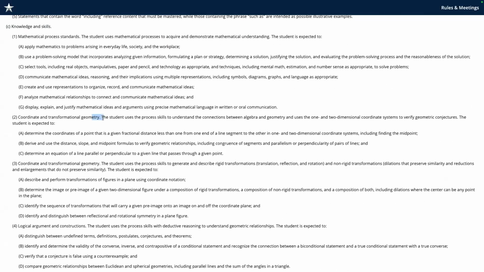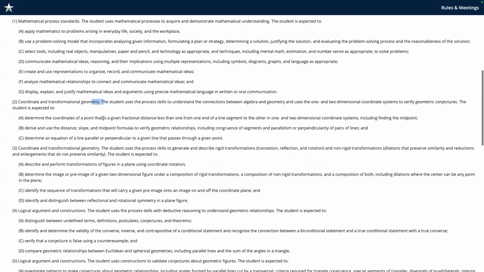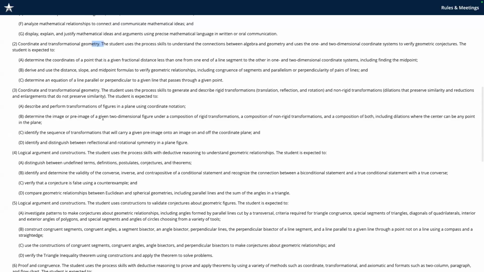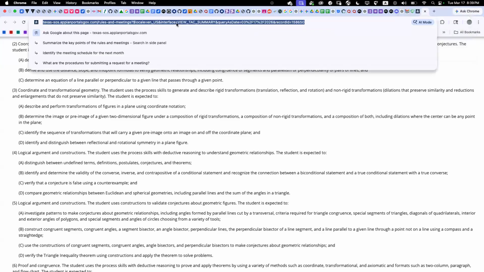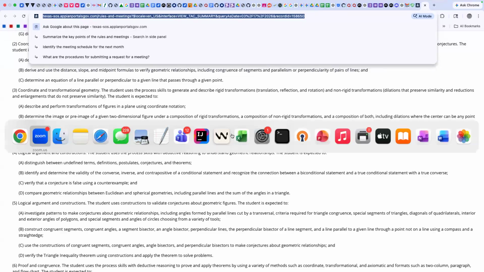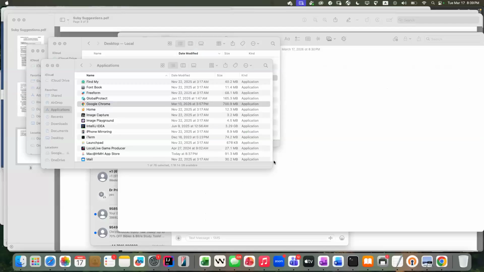So now it will start with this. Coordinate and transformation geometry. Have you gone through this, all of you? Are there topics that you're not familiar with, Johan? I think I'm good with all of this. Can I send this to you all in the chat now?